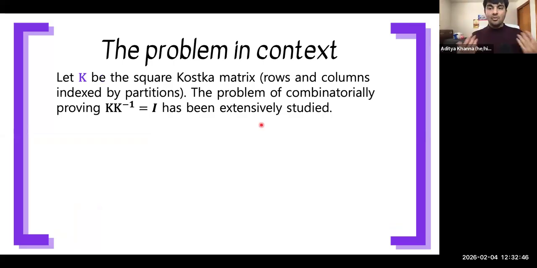Before I present what we did, I want to talk about how other people have worked on it. I'll denote by this particular straight K the square Kostka matrix. So you remove all the redundancies, you get a nice square matrix indexed by partitions. And people have studied how K times K inverse is equal to I. So this is also the inverse square.